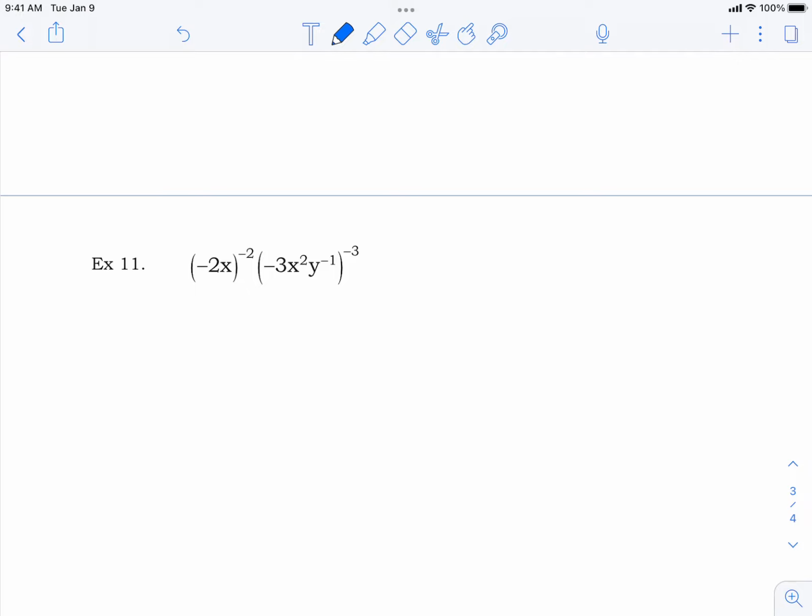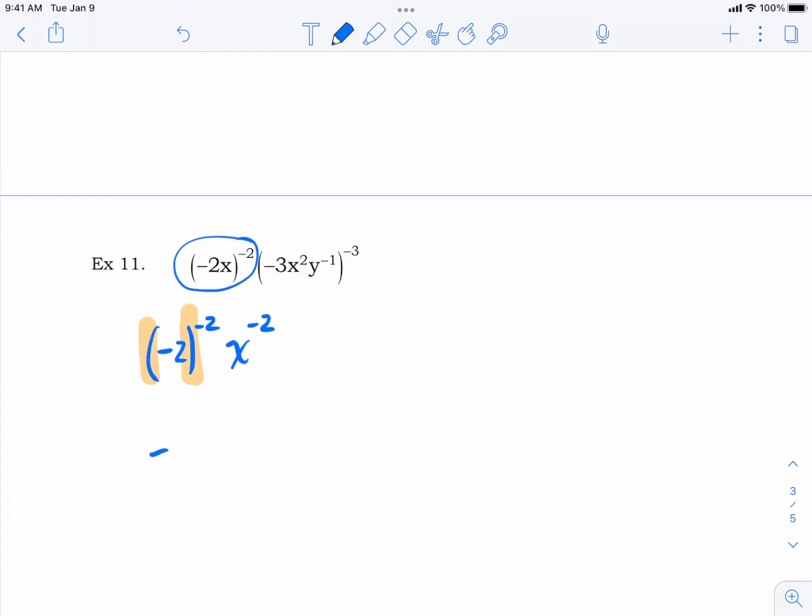It's all cool. But here's how I do, because I like to be careful, because I'm very bad at making mistakes when I try to do too much in my head. So anyway, I have -2 raised to the -2 power, and I have x raised to the -2 power. That's how I'm interpreting this thing. It's extremely important that you put those parentheses there.